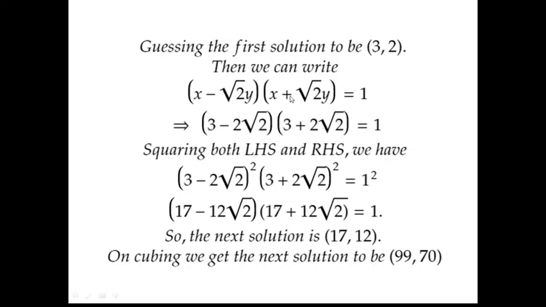Now putting the values of x and y, you get (3 minus 2 root 2)(3 plus 2 root 2) equals 1. Squaring both LHS and RHS, we have (3 minus 2 root 2) squared into (3 plus 2 root 2) squared equals 1 squared.